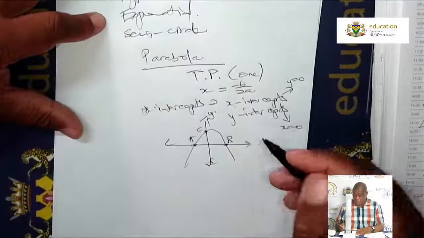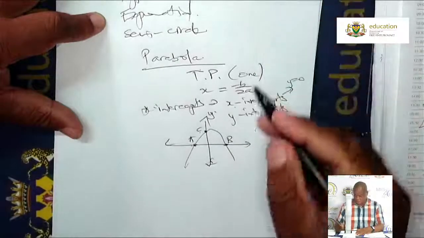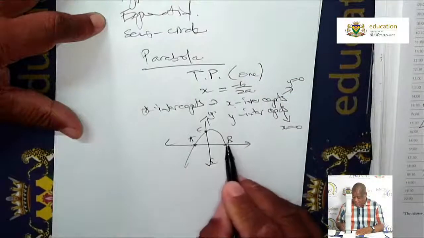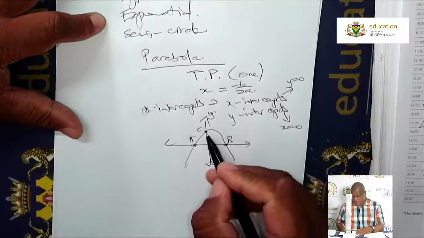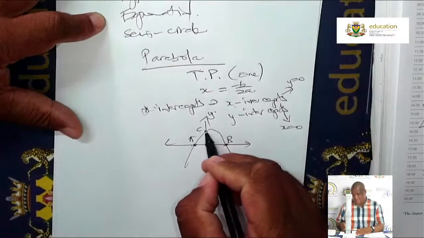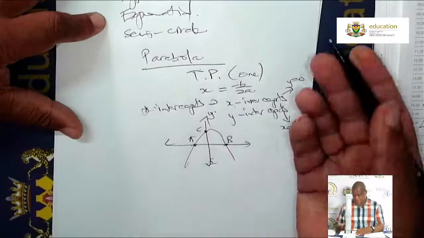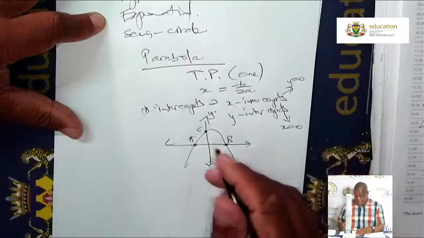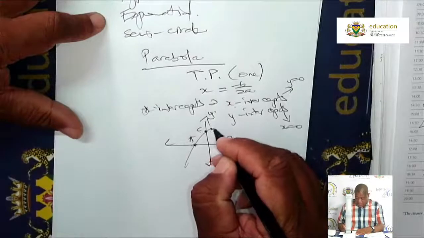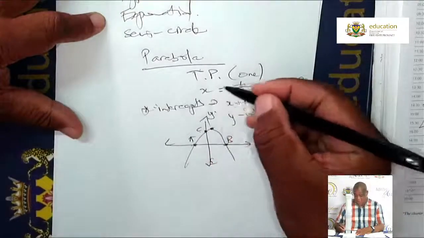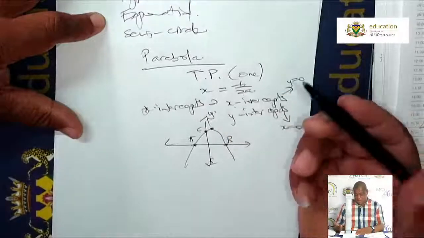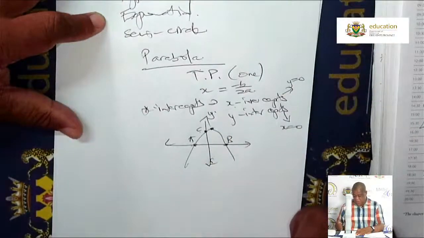Then you must know that from a given equation, to find those of A and B, you just let your y be 0. And to find those of C, you just let your x be 0. Then you'll be able to get the coordinates of that point. Then, talking about your turning point, you can use the equation x equal to minus b over 2a, if you have that equation.